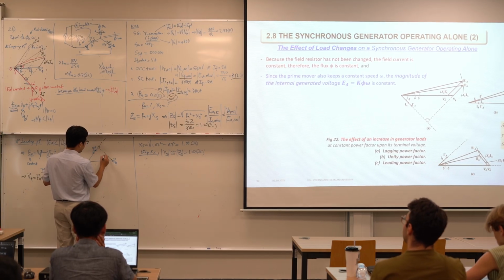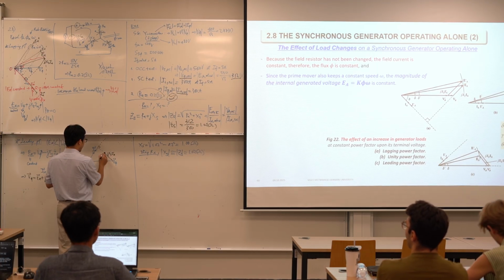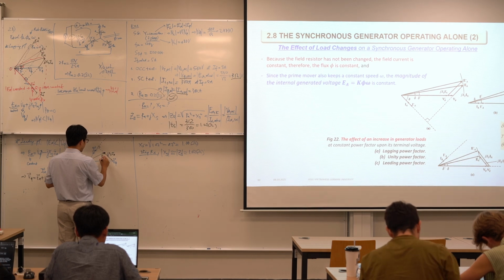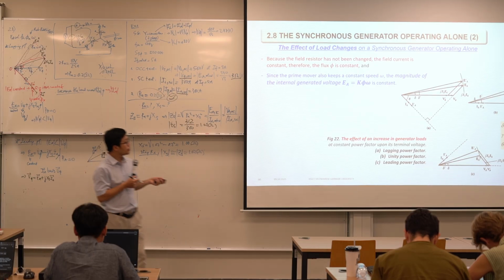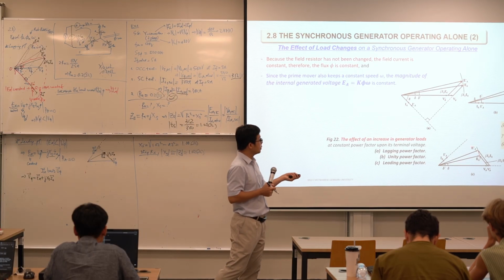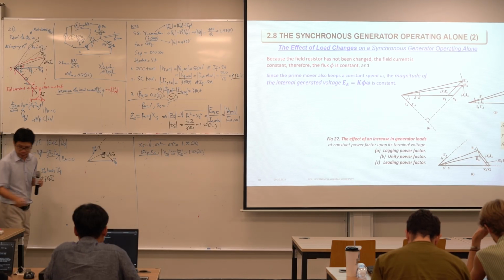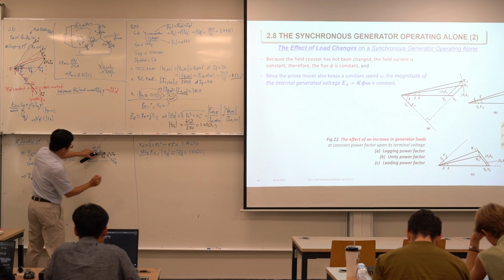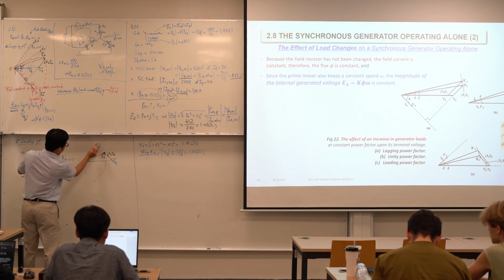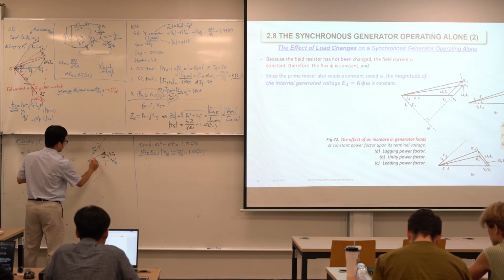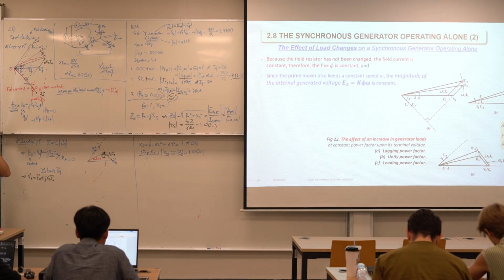So here is jXS IA. And this one is EA. And because EA is constant, you get the circle. And this is the radius. Do you agree with me?